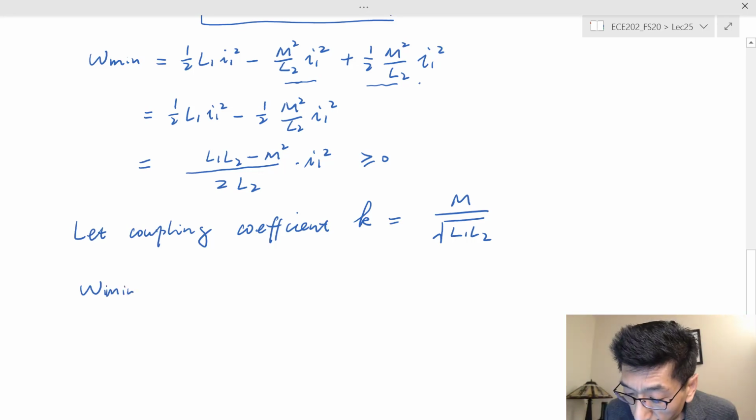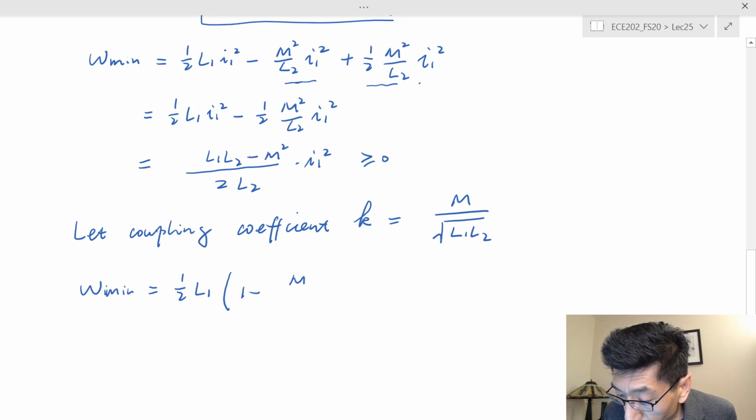The W min is going to be equal to half L1 times 1 minus M squared over L1 L2, times I1 squared.